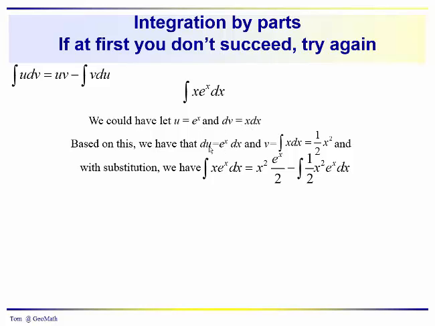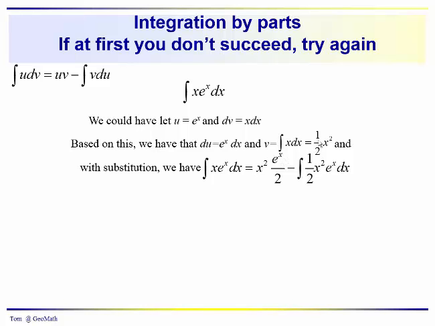Based on this, we would have du, the derivative of u with respect to x, would be e to the x dx. V would be the integral of x dx, which would be one half x squared. And then if we substitute that all back into this expression over here, we have the integral of x e to the x dx is equal to x squared.